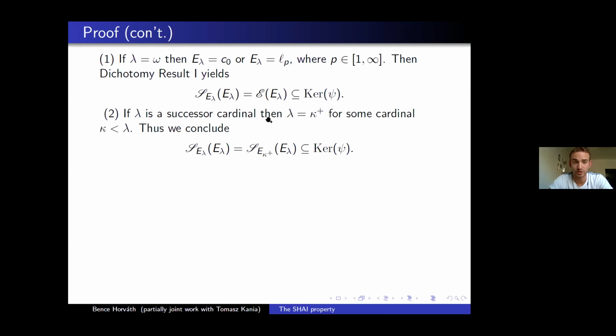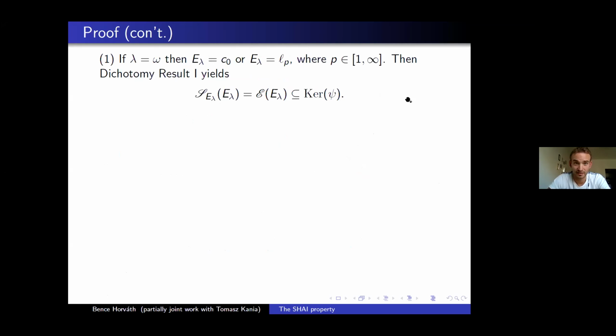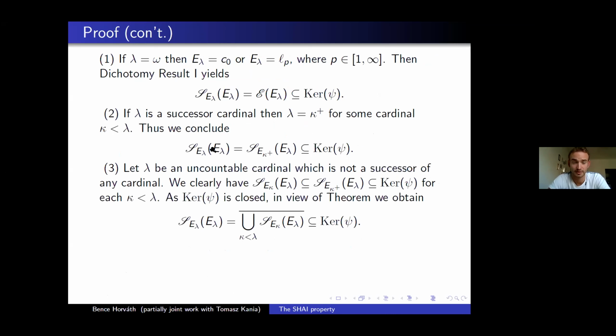We can move on to the second case. So we are assuming now that lambda is actually the cardinal successor of some cardinal. Then, of course, we just have this containment, and if we assume that lambda is a successor cardinal, then this just trivially follows from that.